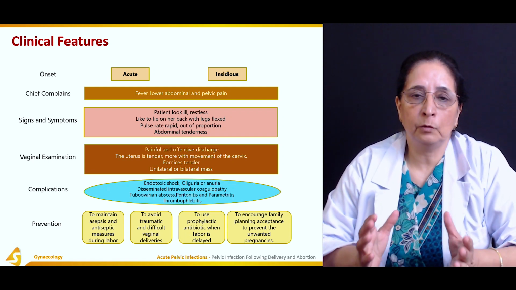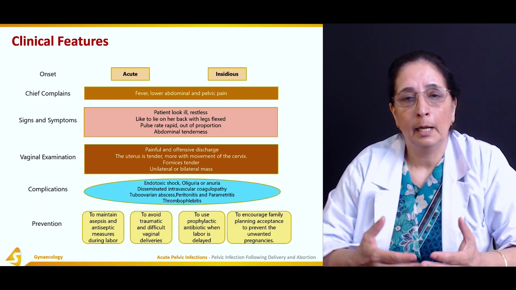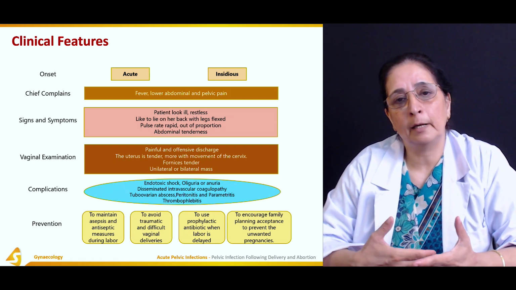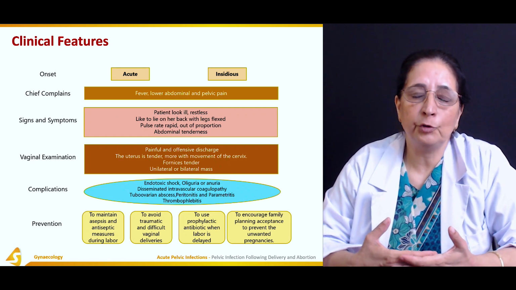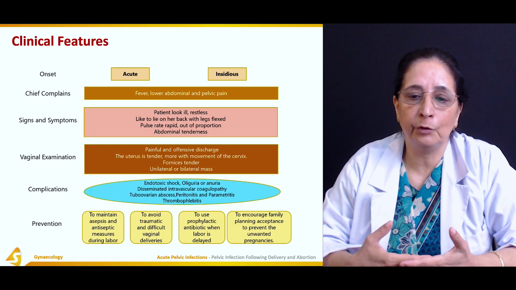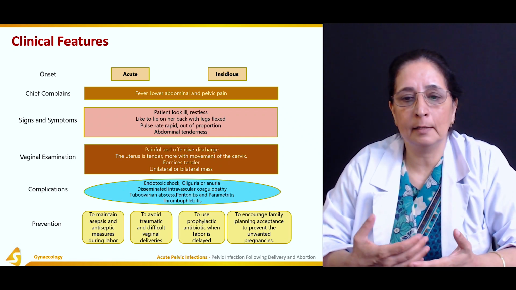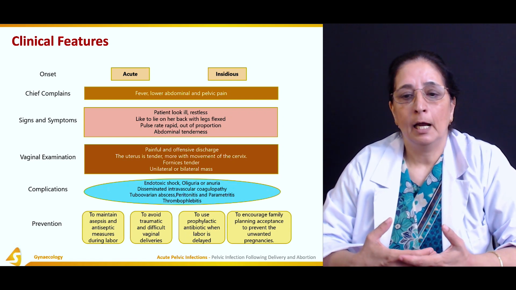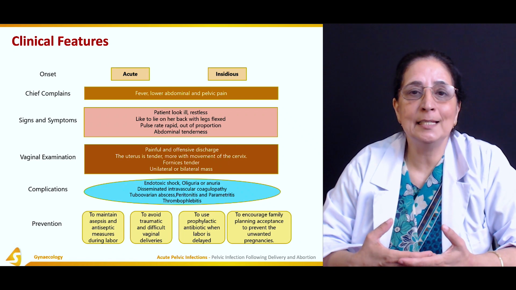The infection spreads through the bloodstream to different parts of the body. Blood pressure becomes very low and the patient can go into shock. There is oliguria, very little urine, or even no urine, anuria. There is disseminated intravascular coagulopathy, DIC.